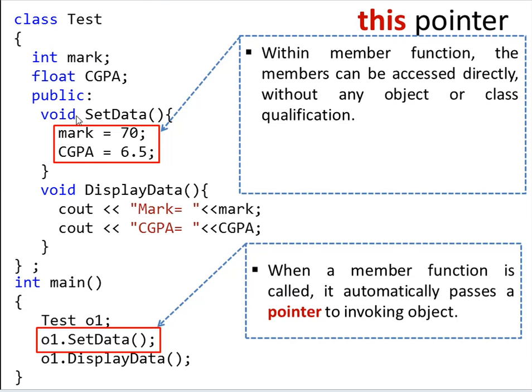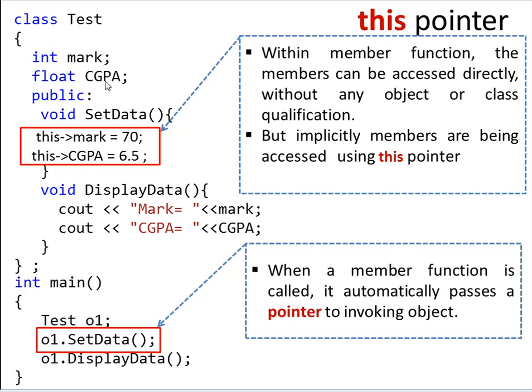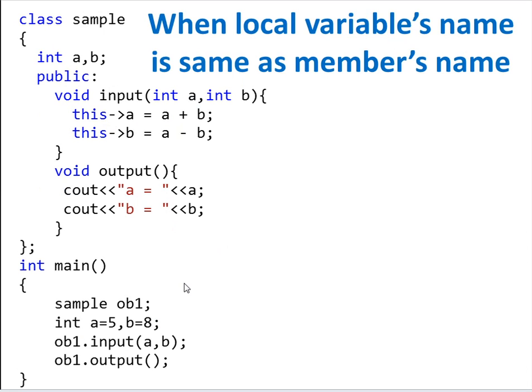Here we are not mentioning any class qualification, but implicit members are being accessed. Implicit means internal members. Here marks and CGPA are accessed using the this pointer, and internally your compiler makes this marks equal to 70 and this CGPA equal to 6.5.